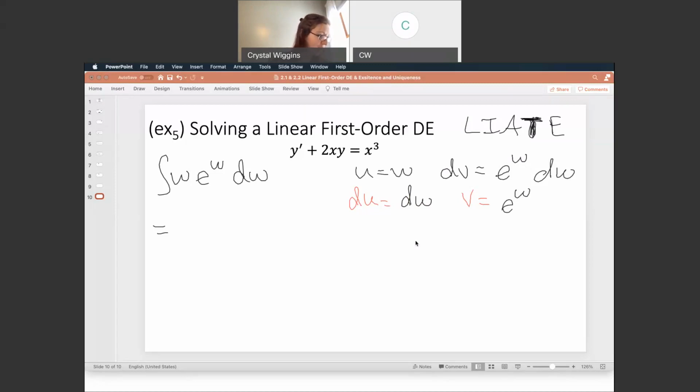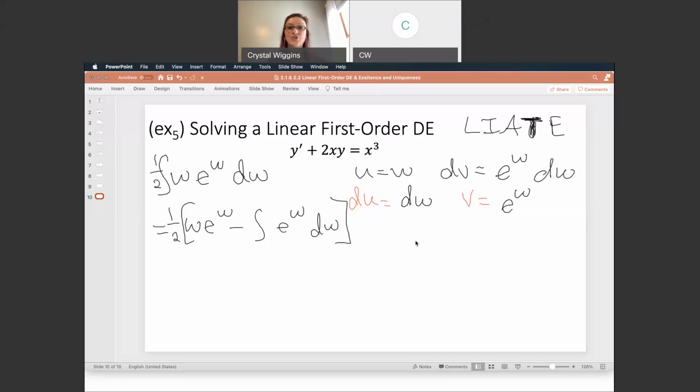So we have w e to the w. Oh, you know what? I'm missing a piece. I'm missing my 1/2 out front. I almost lost that from the last slide. So this is all multiplied by 1/2. So we have u times v minus the integral of v du is the formula. So minus the integral of v du.